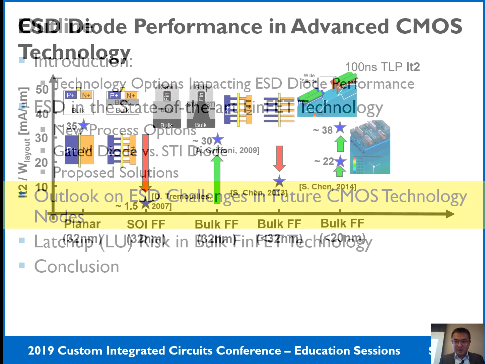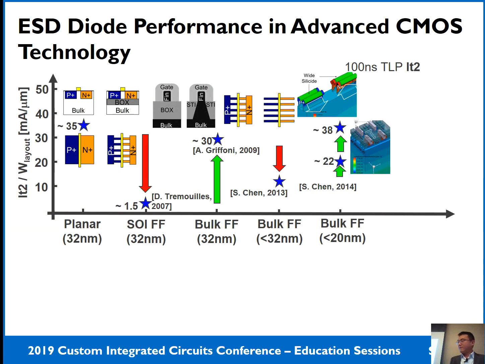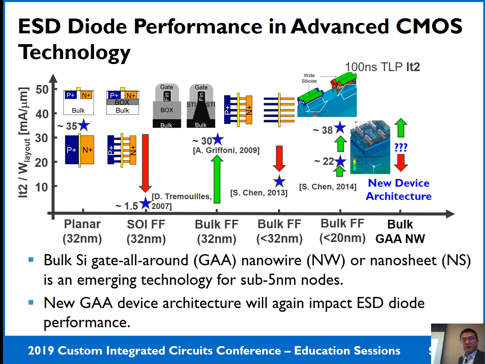Okay. So next to bulk FinFET, the gate-all-around nanowire or nanosheet device architecture will be more promising for the sub-7 or even sub-5 nanometer technology node. Again, this new device architecture will impact the ESD diode performance.